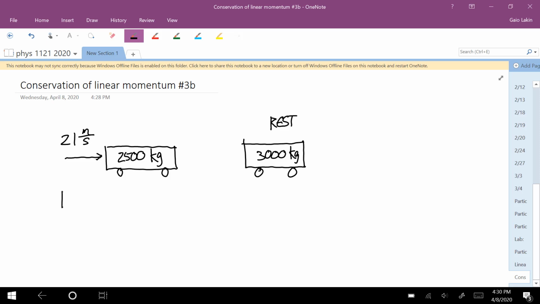And so part B says if they bounce apart, we're going to assume that it's an elastic collision. What are the velocities after the collision?